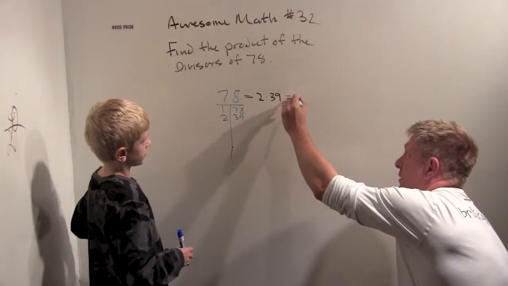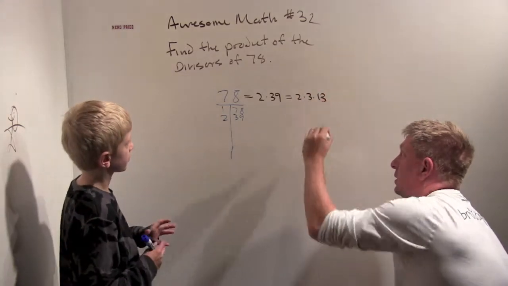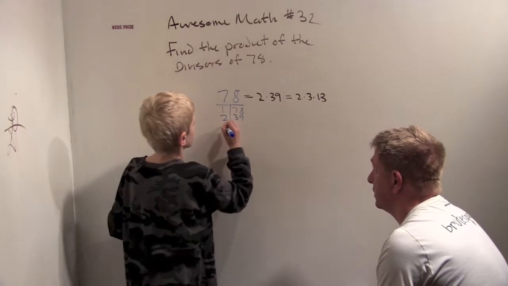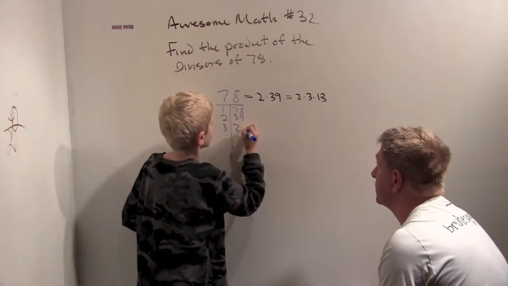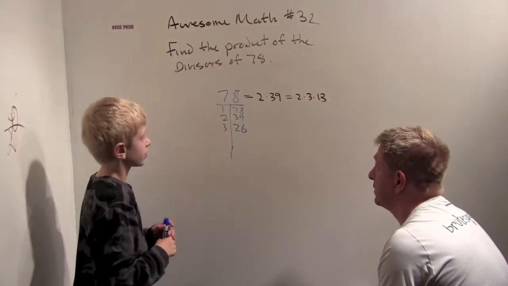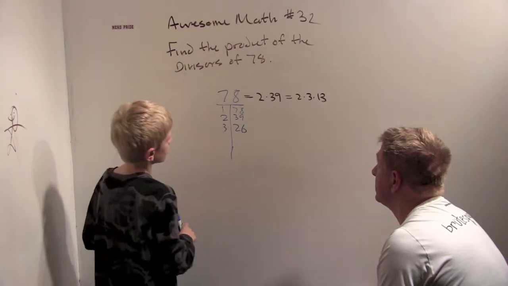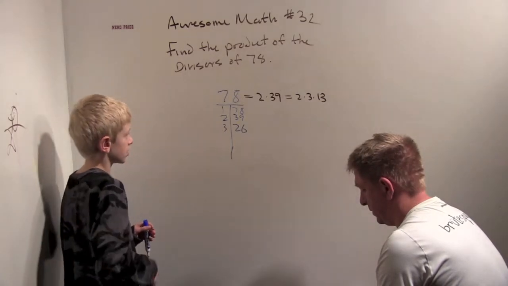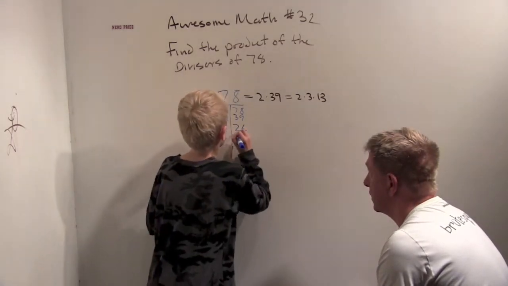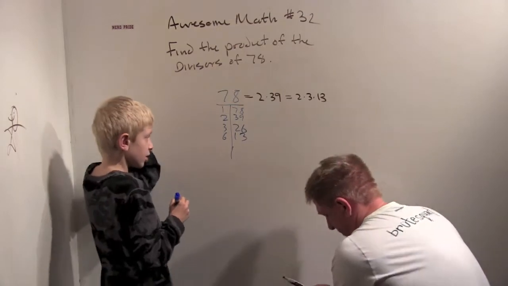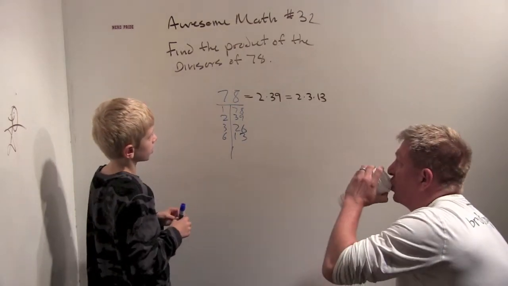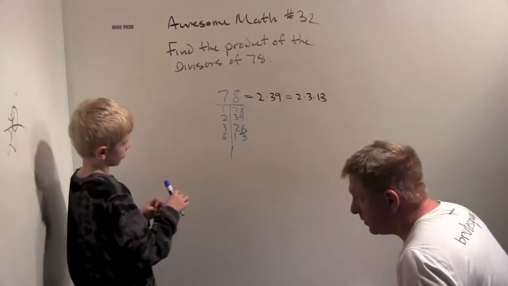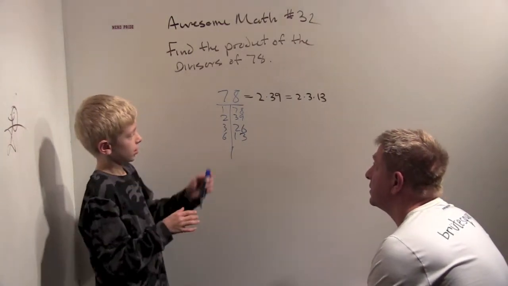So this is going to be 3 times 26. And then there's no 4 since we only have 1, 2. No 5s. There's a 6. 6 times 13. No 7, no 8, no 9, no 10, no 11, no 12, and then that's it.